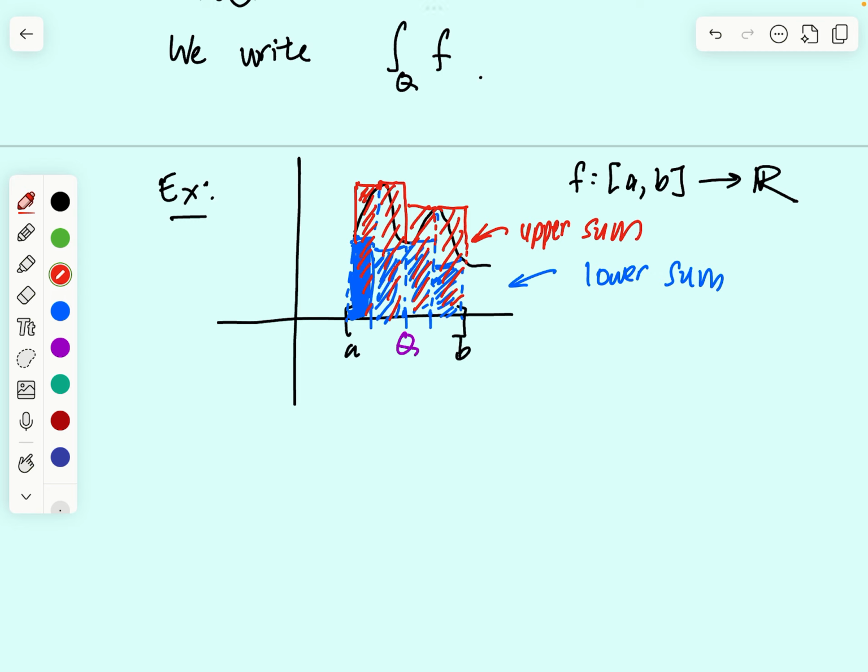The definition of integrable means f is integrable if, when you take these sums over all the partitions, the supremum of the lower sums is equal to the infimum of the upper sums. And when that happens, that integral is thought of as the area under the curve.